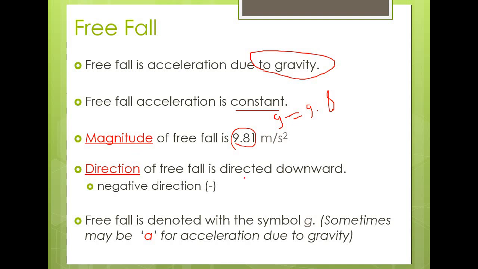The direction of free fall is directed downward, the negative direction. Free fall is denoted with a simple g, sometimes maybe a for acceleration due to gravity. So either a or g. a equals 9.8, the magnitude of acceleration equals 9.8, whether g or a.